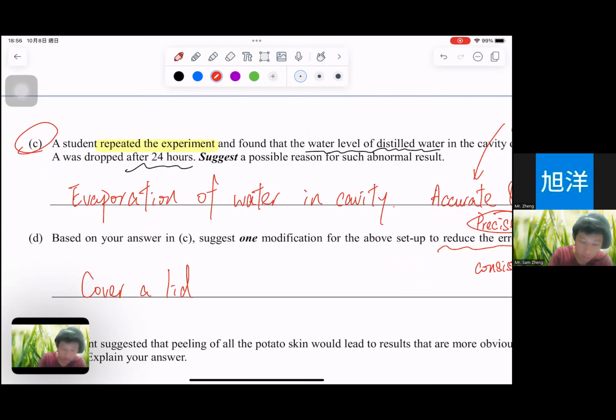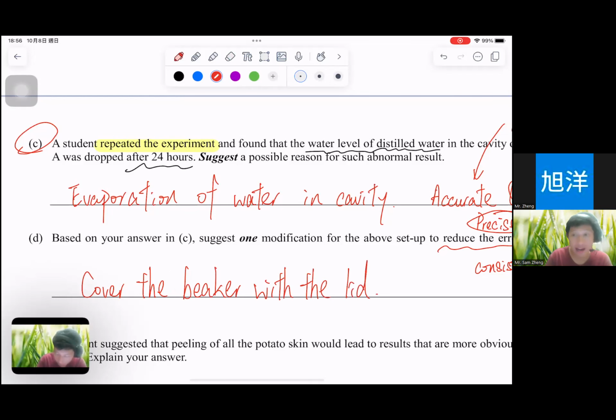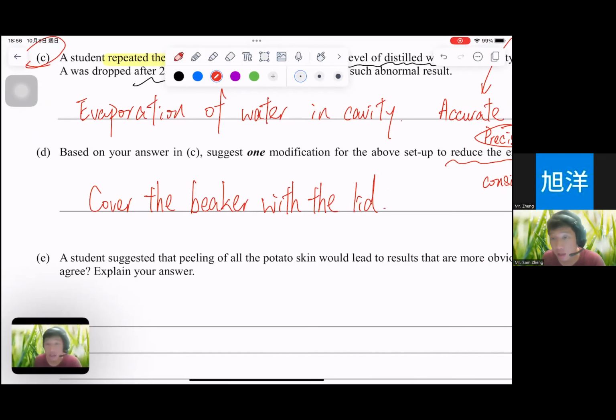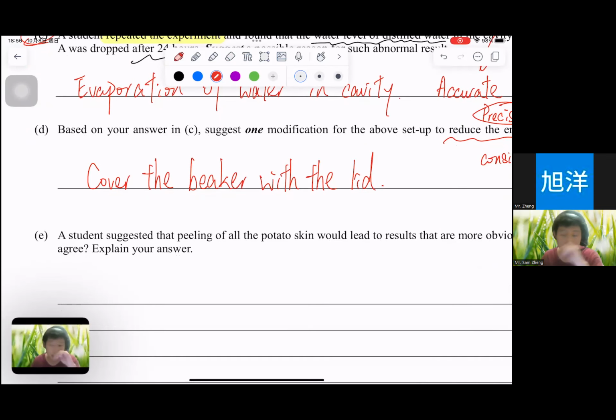Sorry, cover the beaker with a lid, or any other similar thing, for example some plastic or some cover. These would also be accepted as the answer.